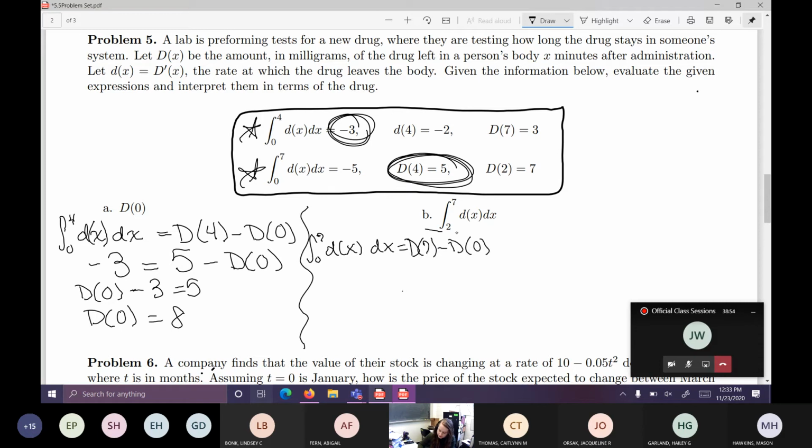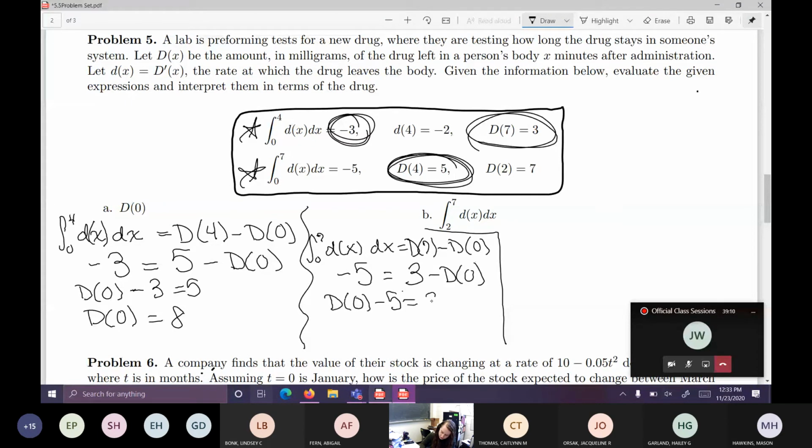So this should be capital D of 7 minus D of 0. Again, we're told all of these pieces of information. We have -5 is the integral, and D of 7 is 3. If we do the same type of algebra, D of 0 equals 8. So either way gives us the right answer.